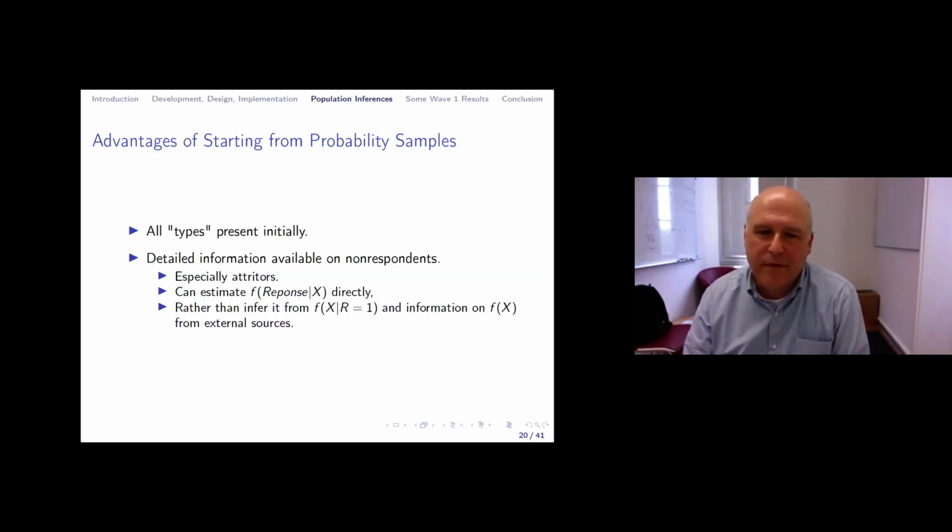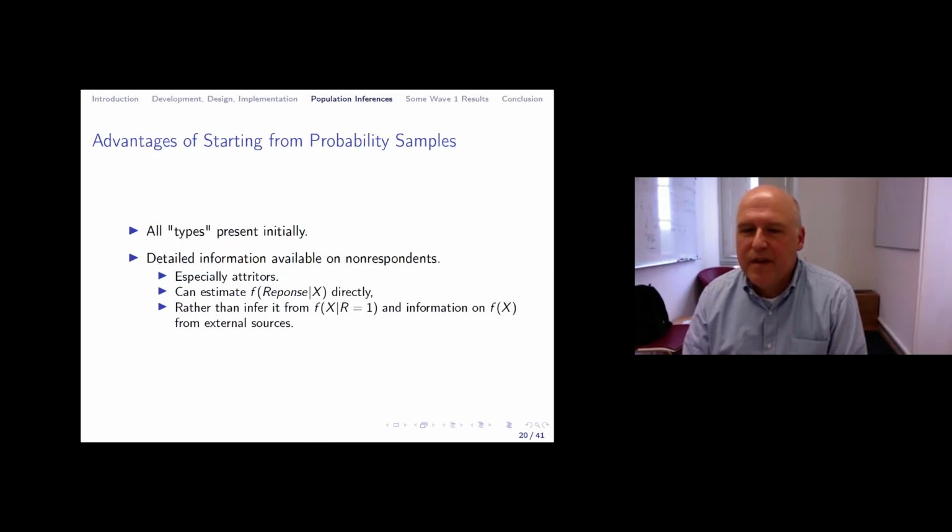And I think the other big advantage is that we have detailed information on non-responders, and that's particularly true of attriters. So somebody who attrited between wave 9 of the main study and wave 1 of the COVID web survey, we might have up to 11 years of information about that person.